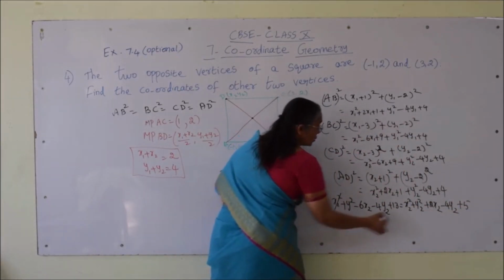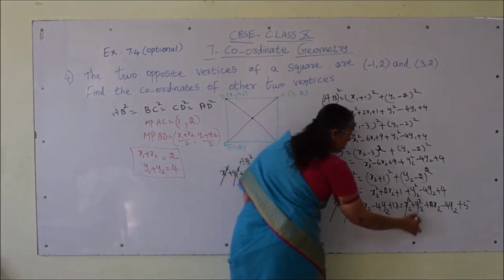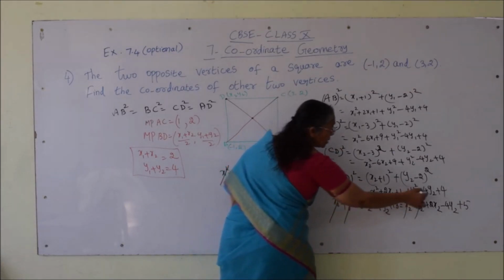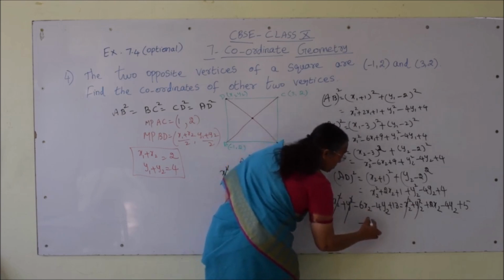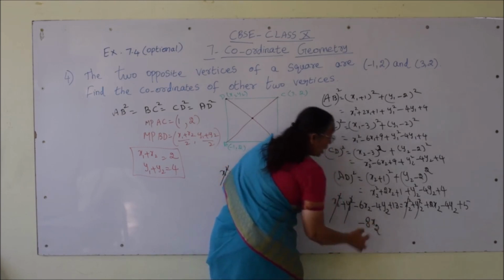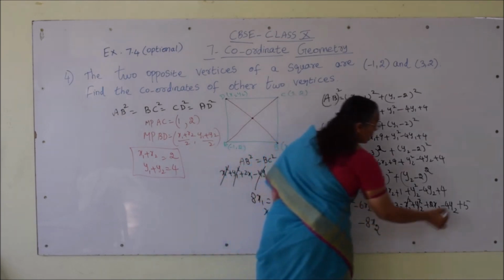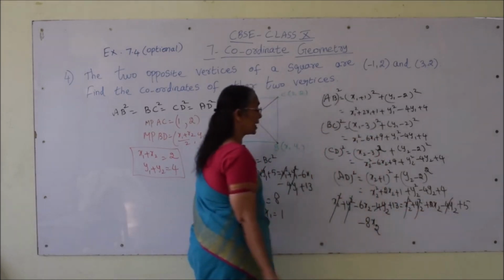So now the x2 square term and y2 square term cancel, and minus 6x2 minus 2x2 is minus 8x2. Again, minus 4y2 and minus 4y2 get cancelled.